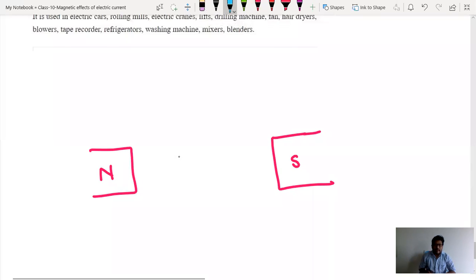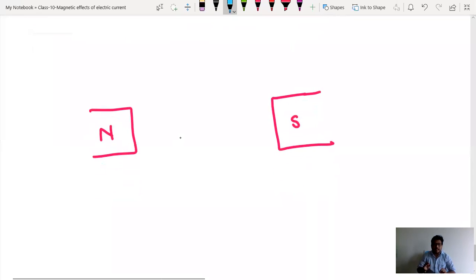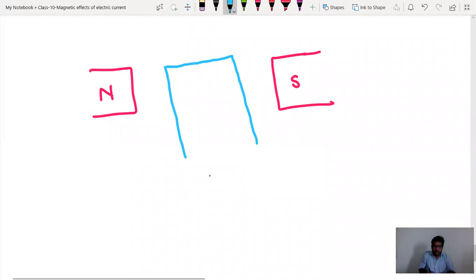Next, a rectangular coil, that is the armature, should be present in between these poles. So consider this is one rectangular loop or rectangular armature coil which is placed. If you want, you can name it as A, B, C and D.